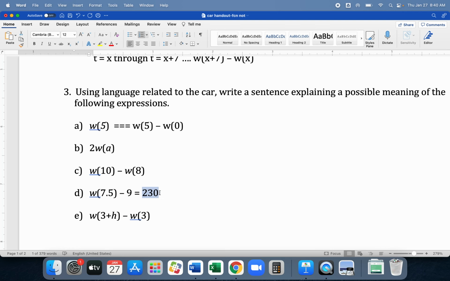Whether I know what it equals or not, that number would be 9 feet less than however far the car traveled in those 7.5 seconds. Because in order for it to make sense, I'm hoping that that 9 is something about feet. Otherwise, it's just weird to subtract.